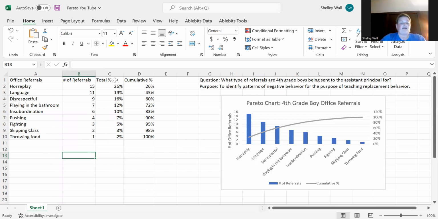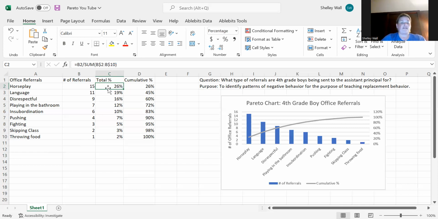From there, the next column is total percentage, and we're looking for, let's say, horseplay, for instance. These 15 referrals were what percentage of the total number of referrals? If we click on this column, I used the formula equals B2, because this is the B2 cell, divided by the sum of all of these referrals together.